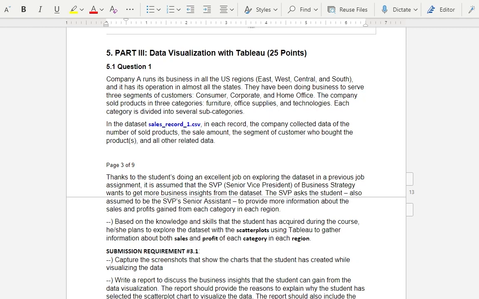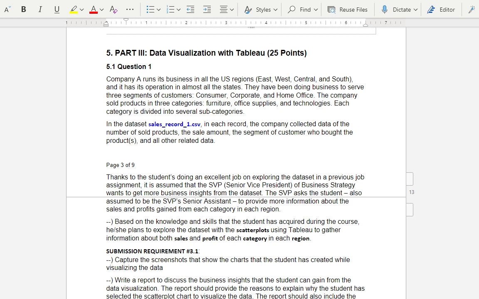The company sold products in three categories: furniture, office supplies, and technology. And each category is divided into several subcategories.